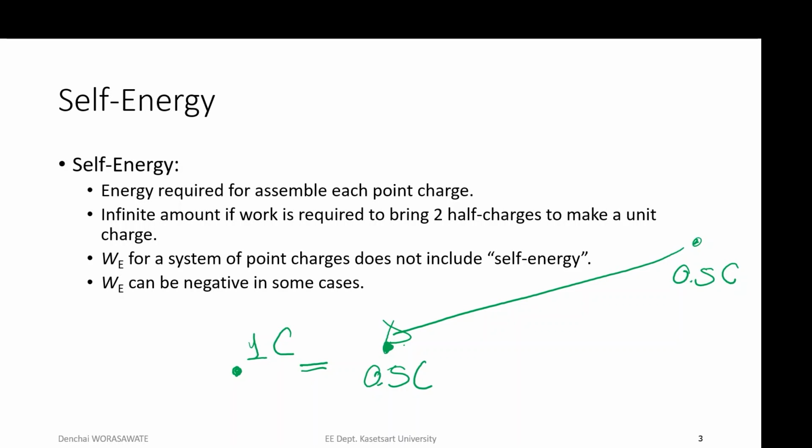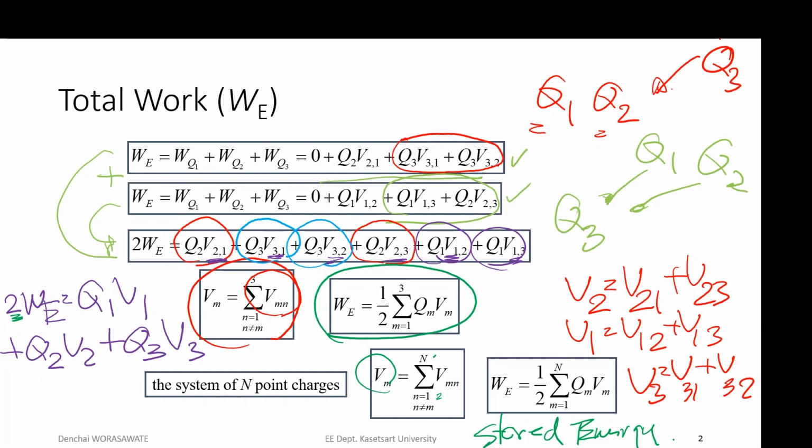When we combine 2 charges together at one point, we require an infinite amount of work to combine 2 point charges into 1 point charge. This is called self energy, and this equation doesn't consider that energy.